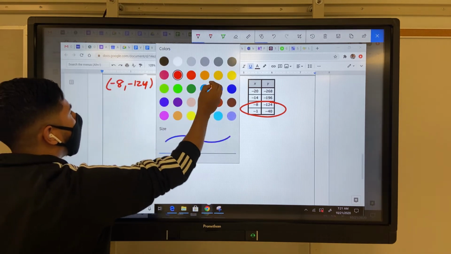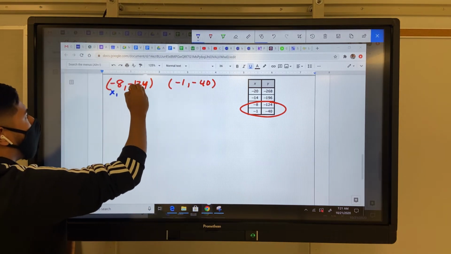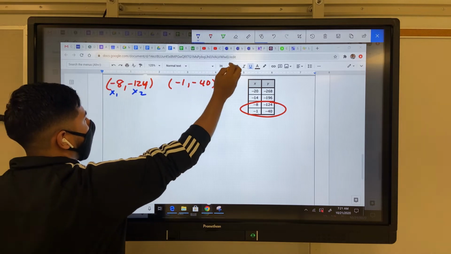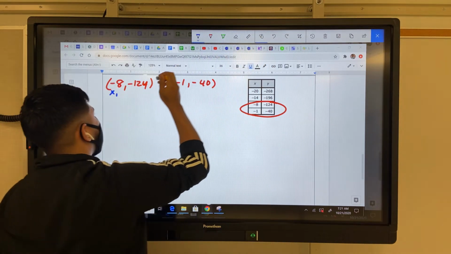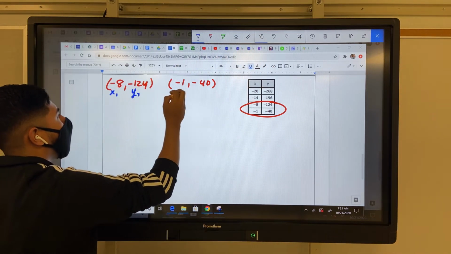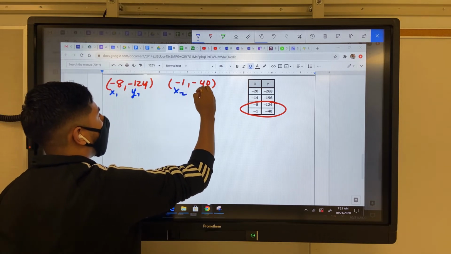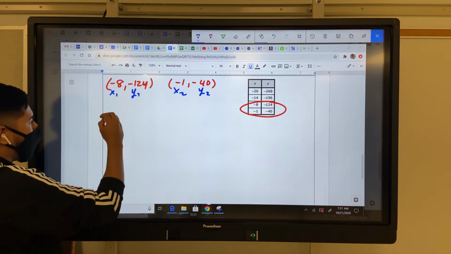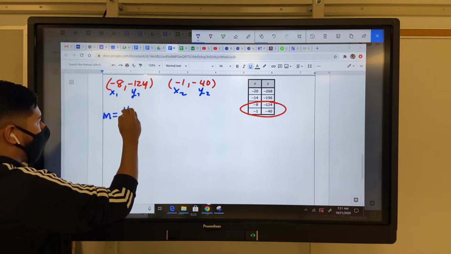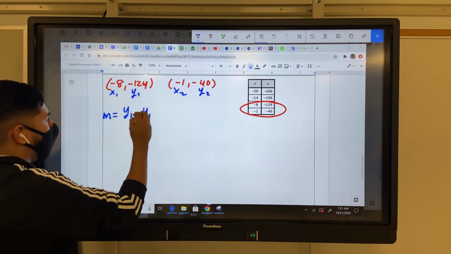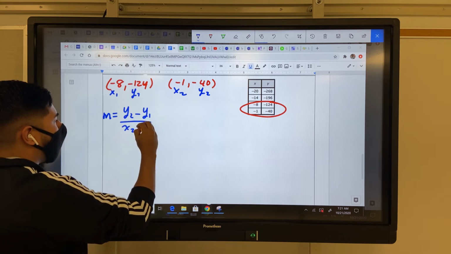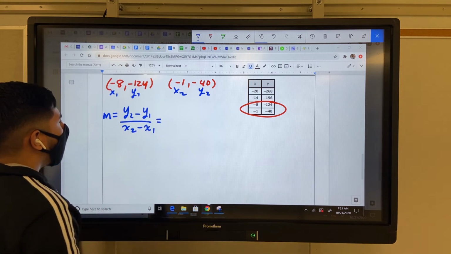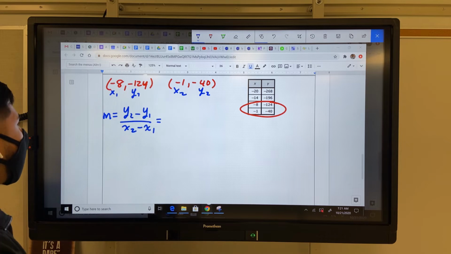Let's label x1, y1, x2, y2. Okay. Find your slope. m equals y2 minus y1 over x2 minus x1. And there we go.